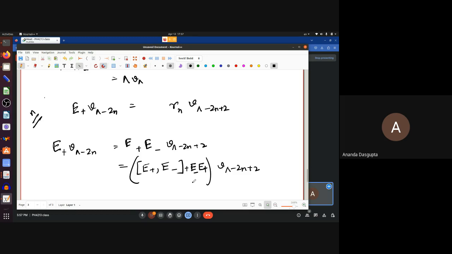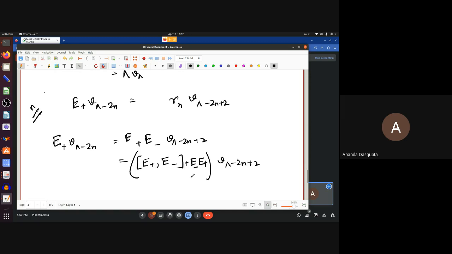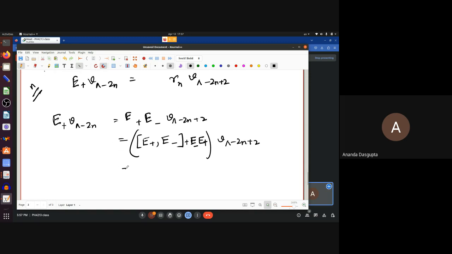E plus E minus is this, right? That's a trivial statement. That's just the definition of the commutator. But now I know this is E minus E plus H acting on this. Now, what is this going to be? Quickly, when H acts on this, what will come out?